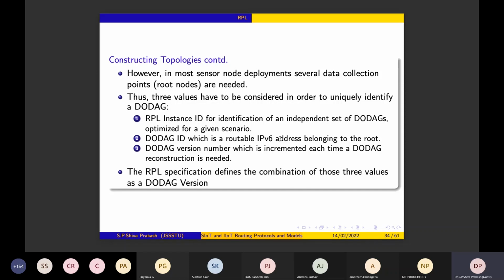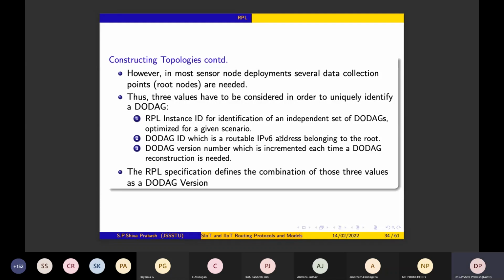Thus, three values have to be considered in order to uniquely identify a DODAG. One is the RPL instance ID, for identification of an independent set of DODAGs, optimized for a given scenario. The DODAG ID, which is a routable IPv6 address belonging to the root, and the DODAG version number, which is incremented each time a DODAG reconstruction is needed.